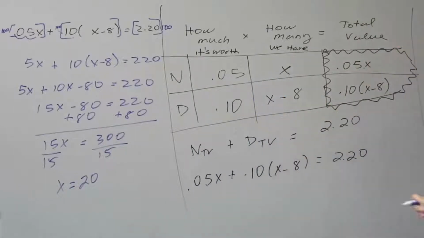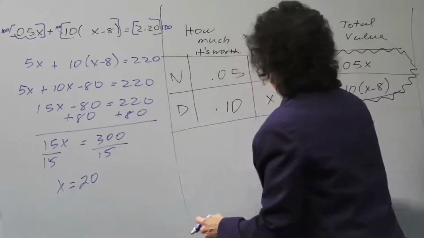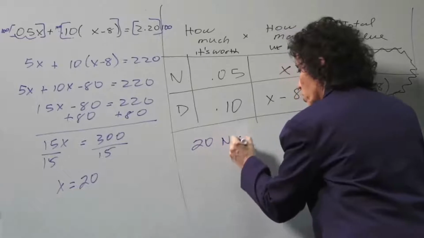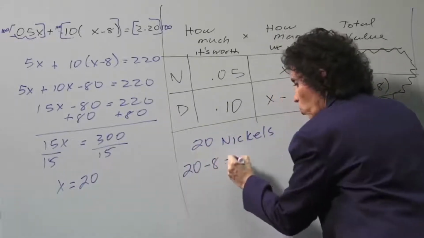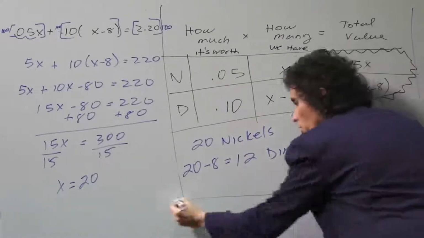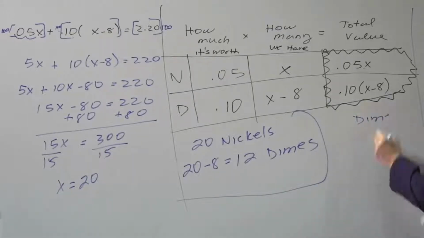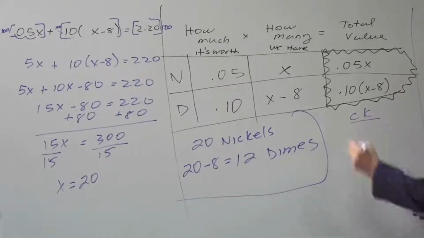So there is, and I'm going to erase this right here, there are 20 nickels. And there's 20 minus 8, or 12 dimes. That's my answer. You know we can check this. Here's the check.